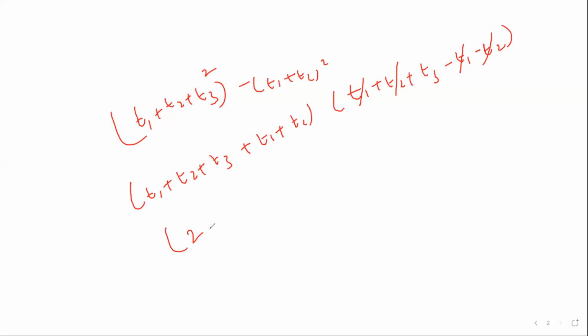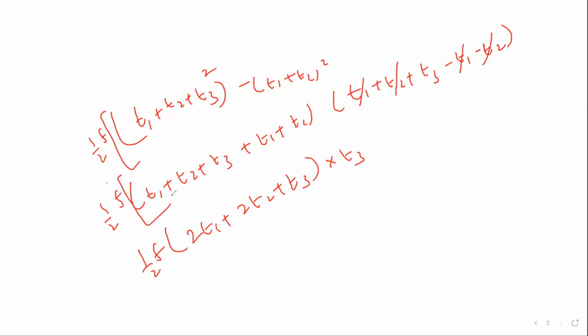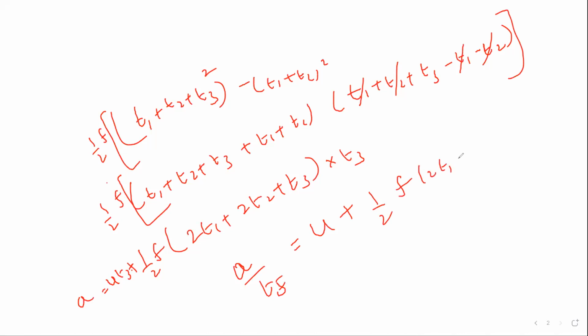And here we would have 2T1 plus 2T2 plus T3 into T3. And in front of it, I have a half F. Right? So here what remains is U T3 plus, and here A. So if you divide by T3, you will have A by T3 equals U plus half F into 2T1 plus 2T2 plus T3. So in this way, you have also got 1 by T3.